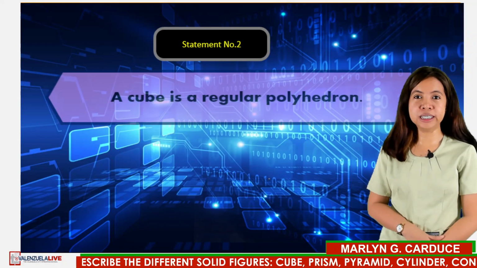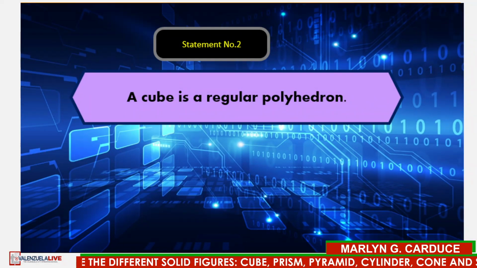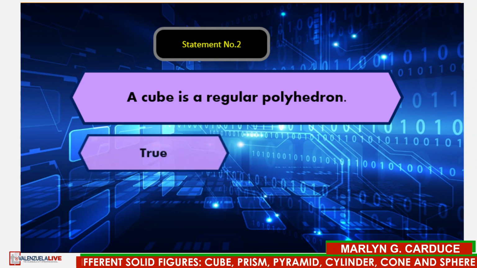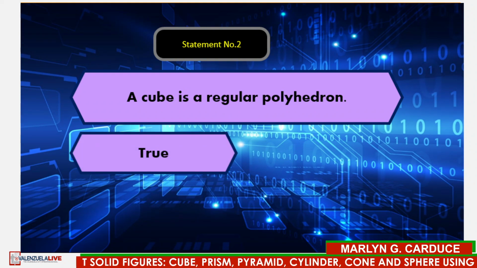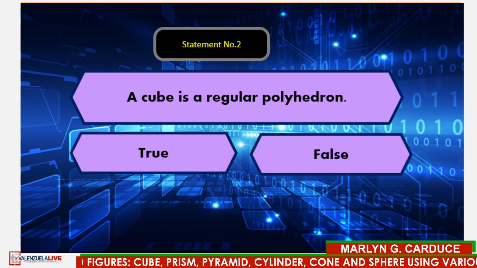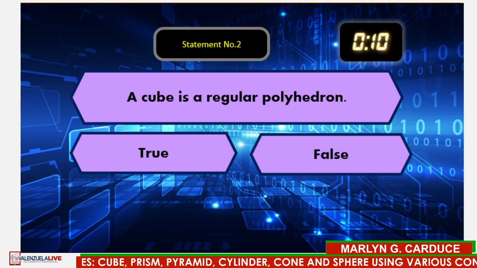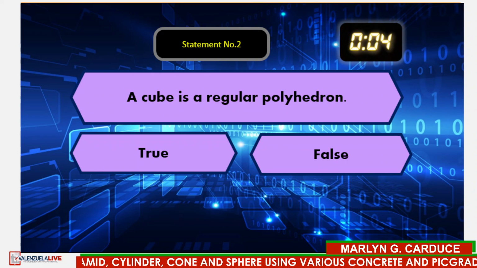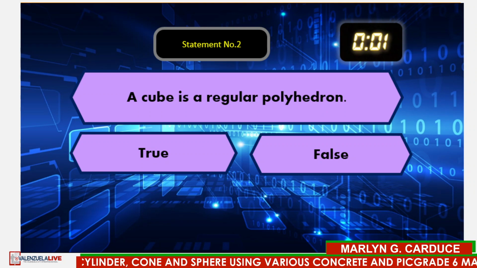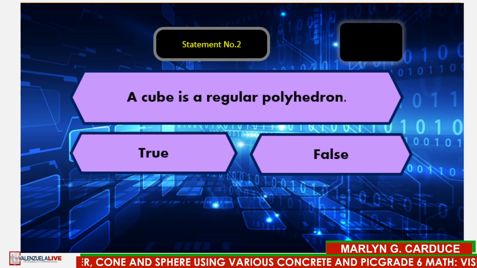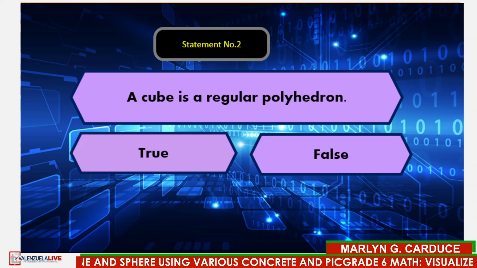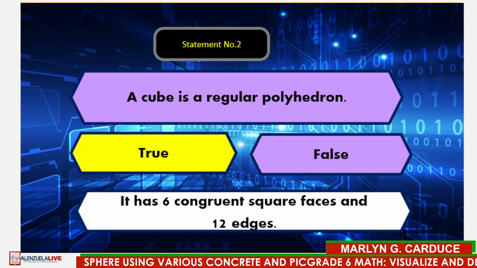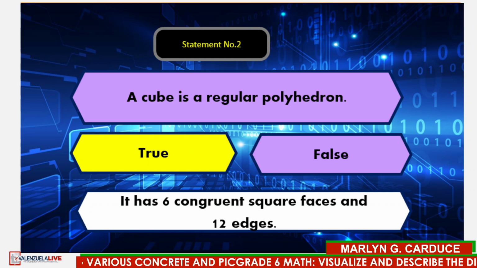For statement number 2, a cube is a regular polyhedron. Is this statement true or false? Okay, time's up. The correct answer is true. So a cube has 6 congruent square faces and 12 edges.